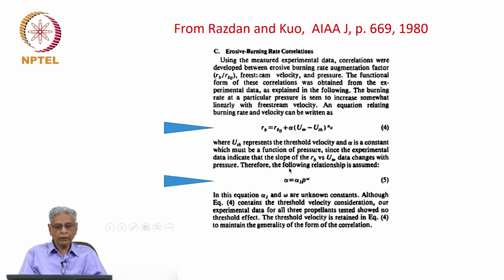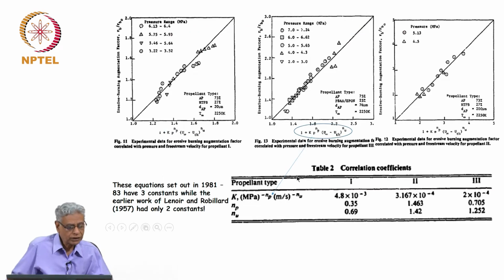Some of the other correlations use a coefficient which is a function of pressure, in which these are all constants. You will see the data presented in correlations like this, which are complex functions of pressure and velocity, and you have a plot where your data is put together, and the claim is that this correlation is good.